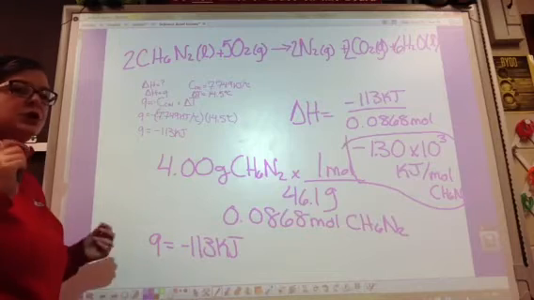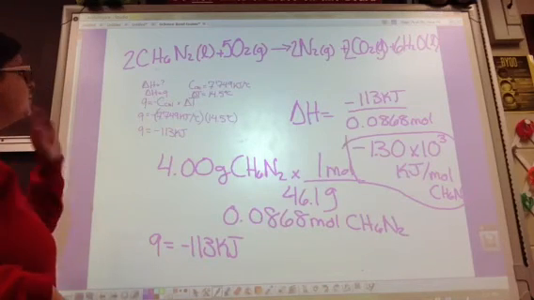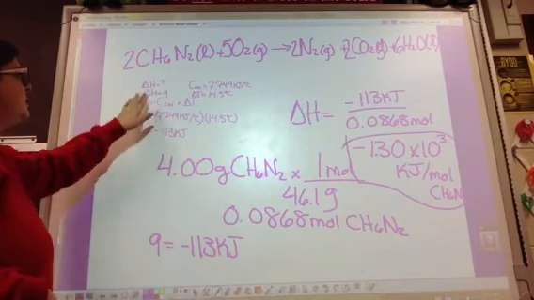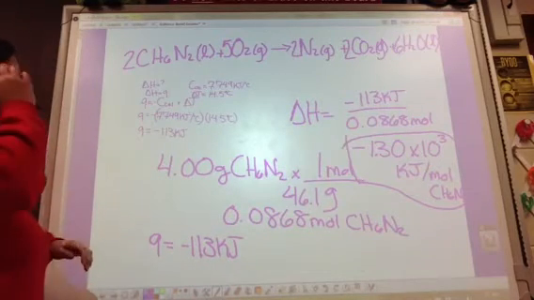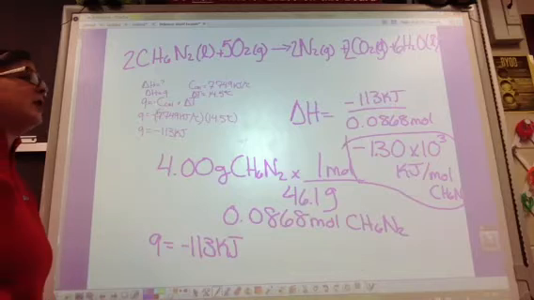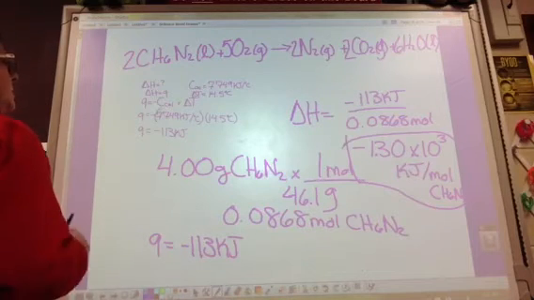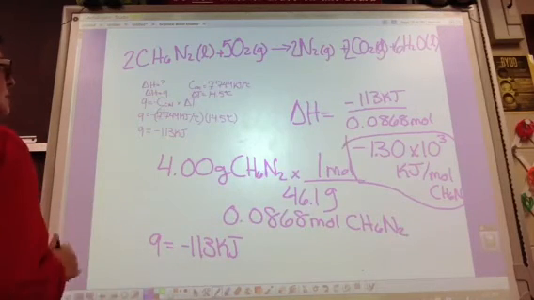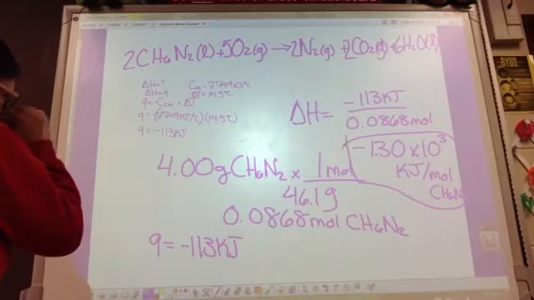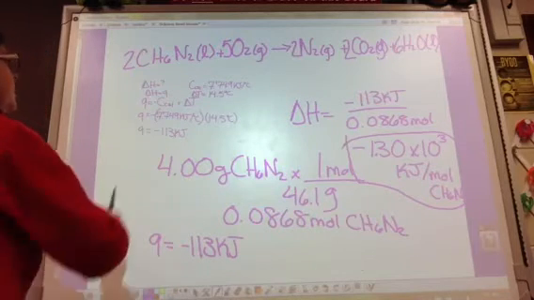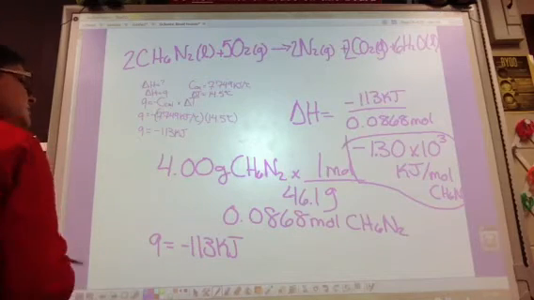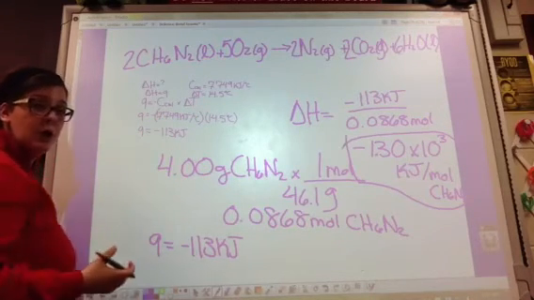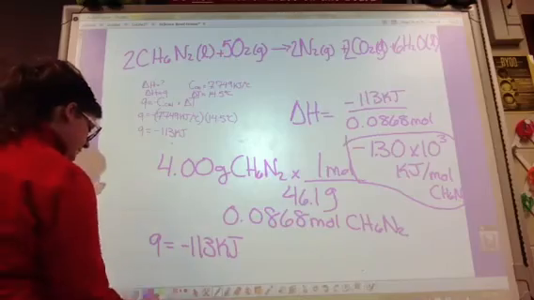So we could do Q equals MCAT, we could do Q is equal to the negative CCal times delta T, and it will be very specific, guys, when they ask you which one you should be using. So when we say a bomb calorimeter, we'll be using this Q equals the negative CCal times delta T. If it's not a bomb calorimeter, we'll be using our Q equals MCAT.